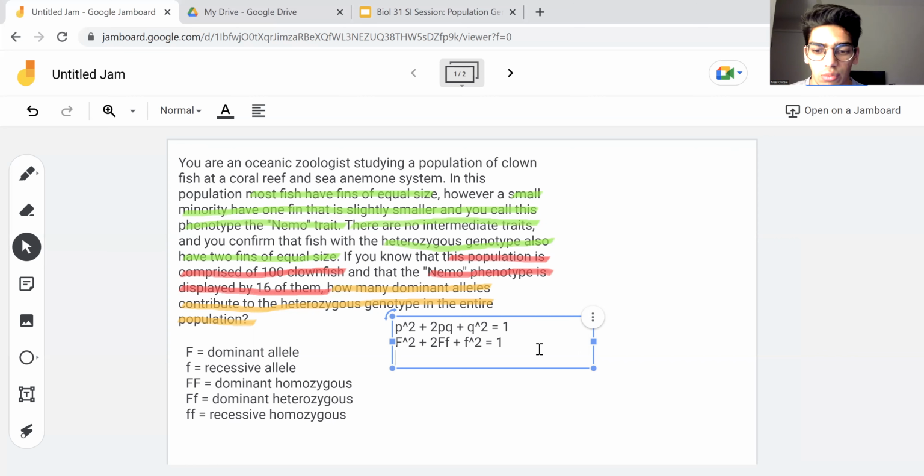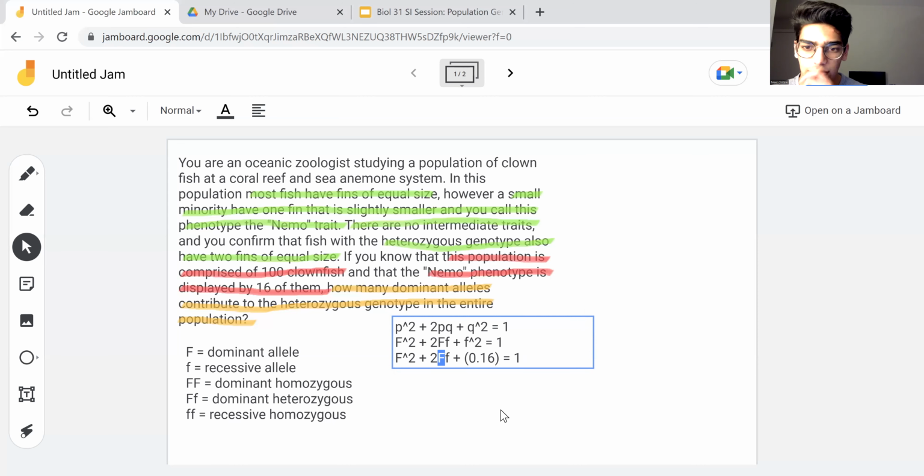That's what the proportion would be. So let's rewrite this and plug in 0.16 for little f squared. Okay, so we've plugged in our important information. Now we want to figure out what this is.